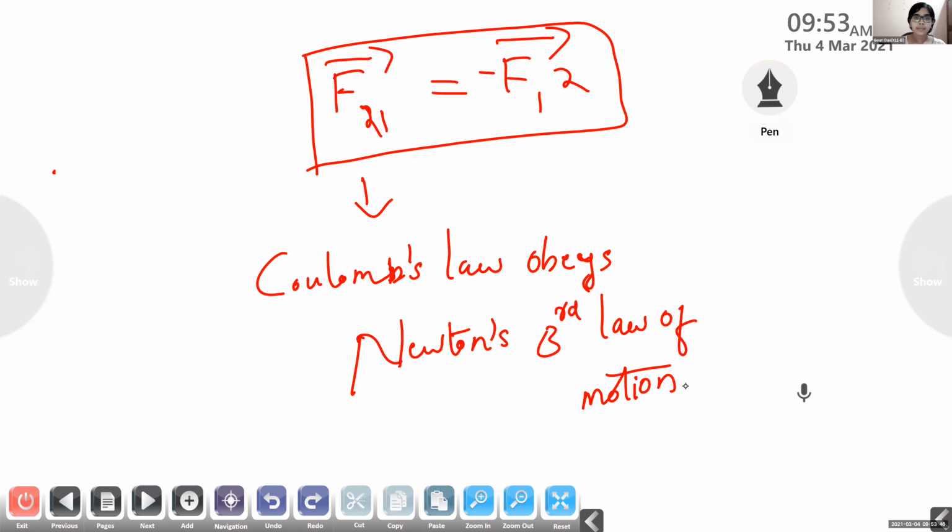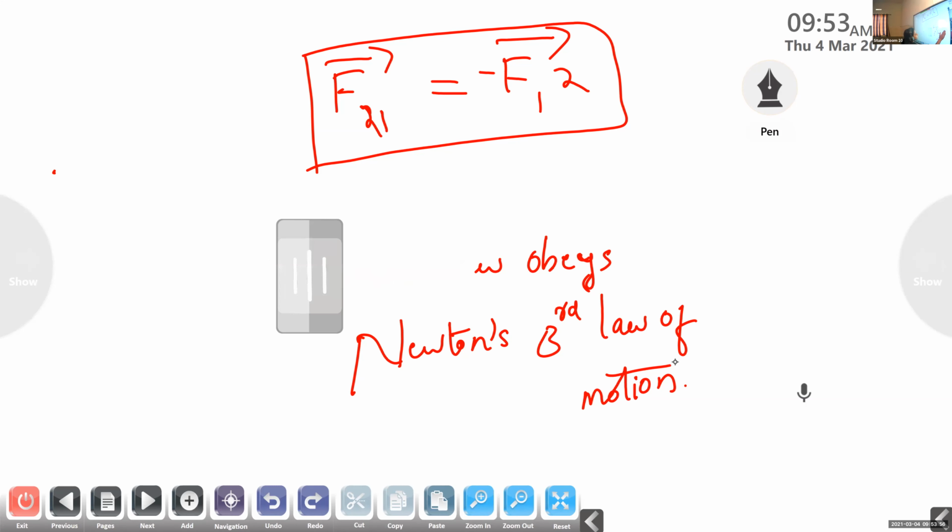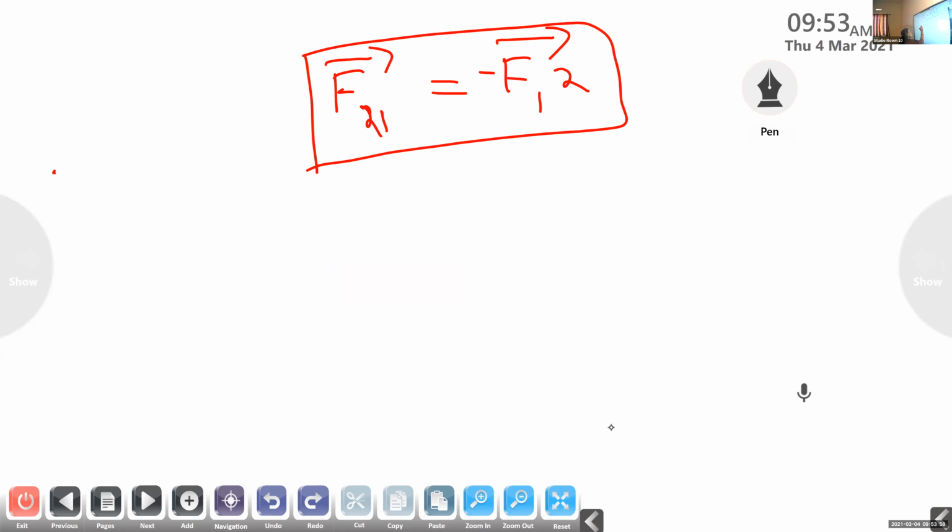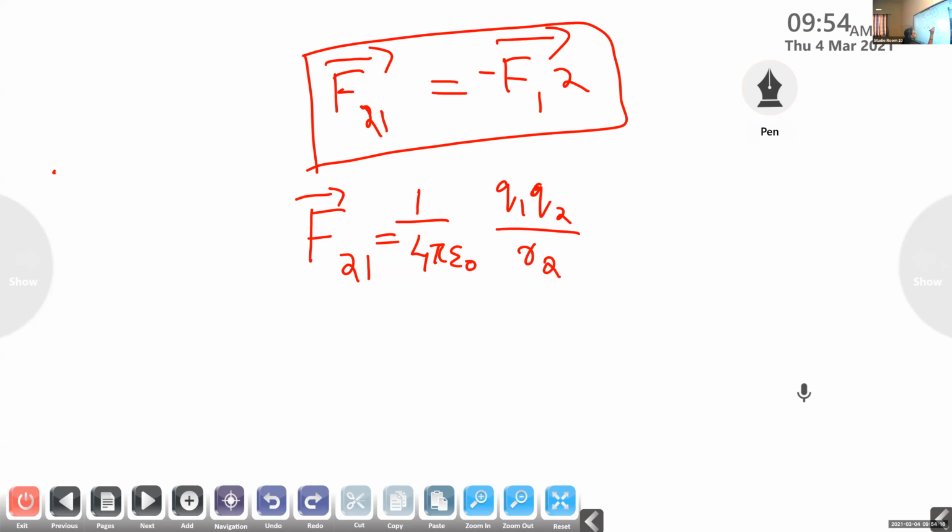Ma'am, how are F21 and F12 equal? Okay, we are comparing the terms of each equation. F21 is equal to 1 by 4 pi epsilon 0 Q1 Q2 divided by R21 the whole square into vector R21 cap.